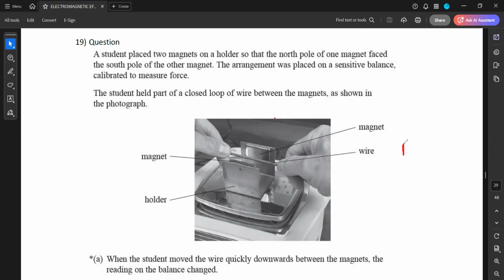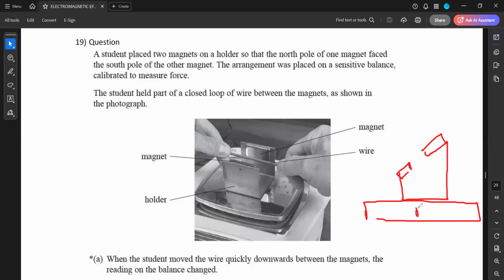If we draw this, let's say this is a magnet, and it is placed on the balance, and we move the wire, this blue color is representing a wire. So when the student moves this wire quickly downward, why does the reading on the balance change? That is the question.